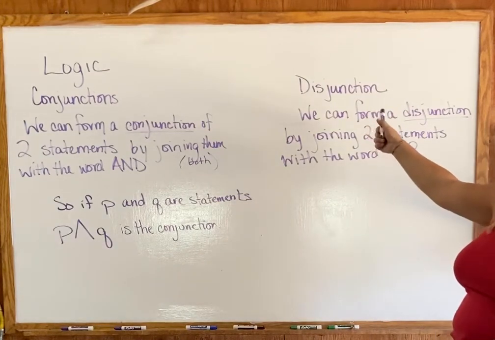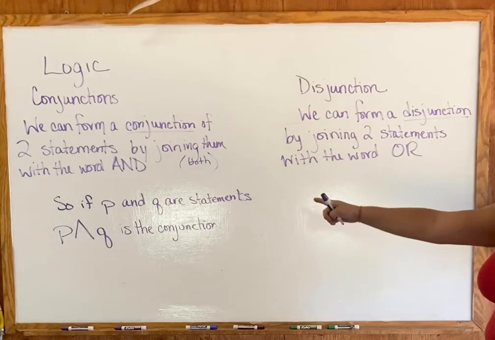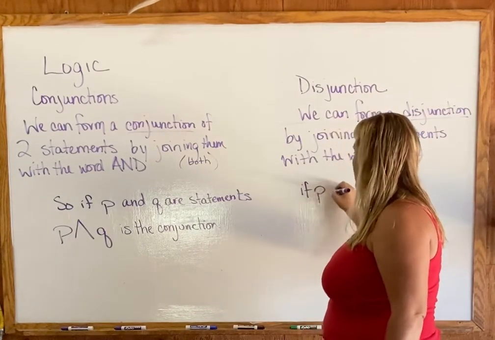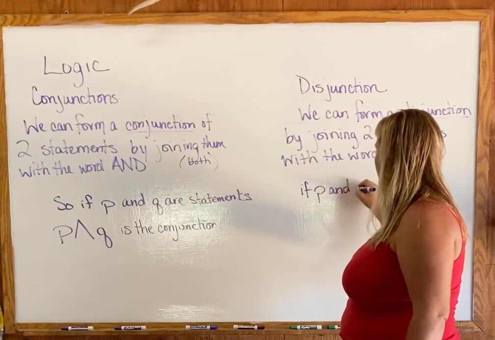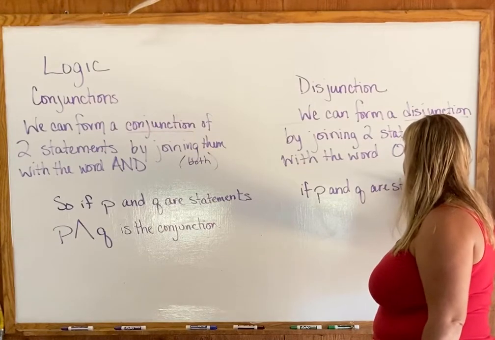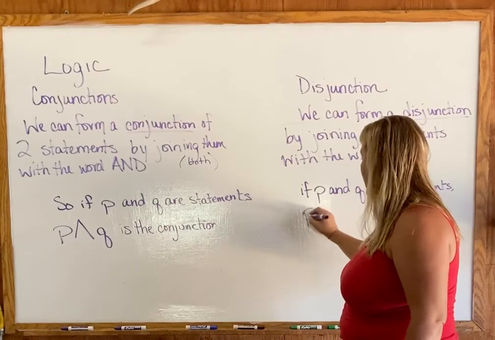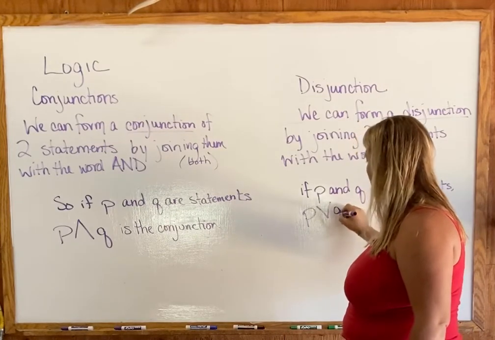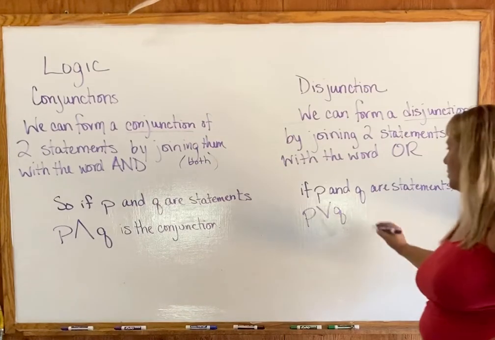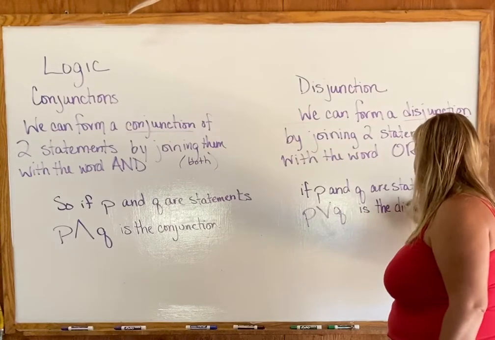So a disjunction is the word or. Disjunction means or. So again, using our little notation here, we say, if P and Q are statements, then we say P or Q, okay, so the or looks like a V, okay, P or Q is the disjunction.